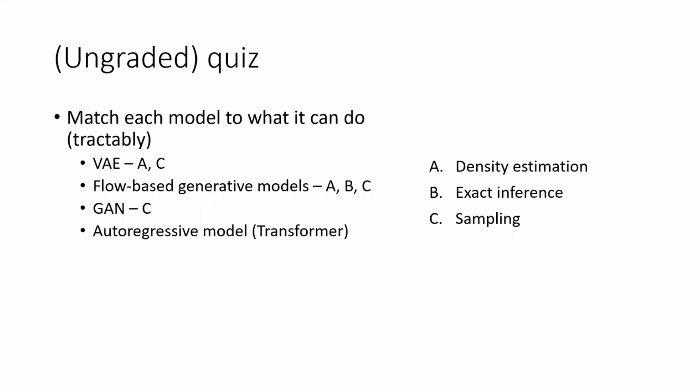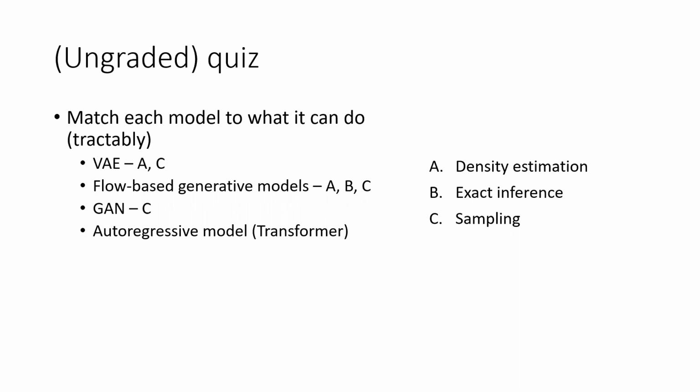If you remember, for flow-based generative models, we have an exact function learned between the latent distribution P of Z and the data distribution P of X, and a direct one-to-one mapping between each X and each Z. Because of that, we can perform density estimation by mapping X's to Z's, and those are exact. So that's exact inference, as well as sampling by sampling a Z and mapping it to an X.